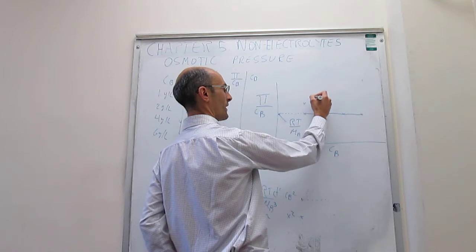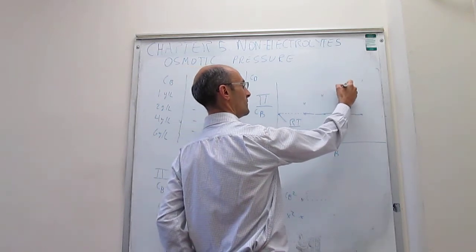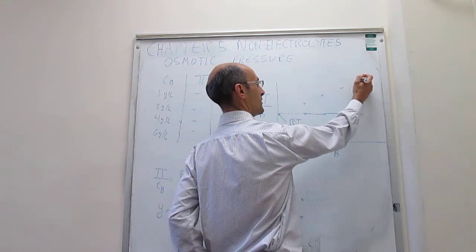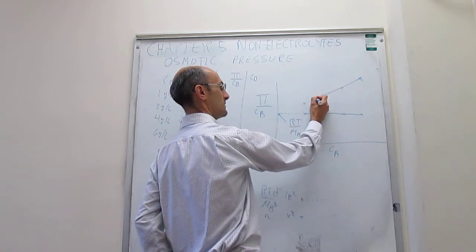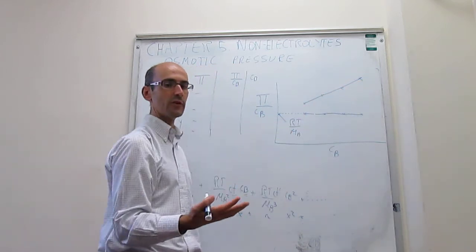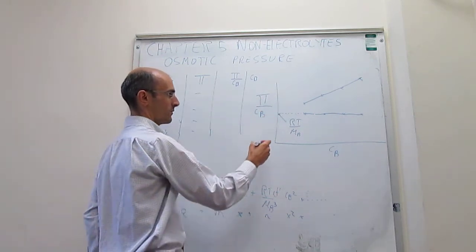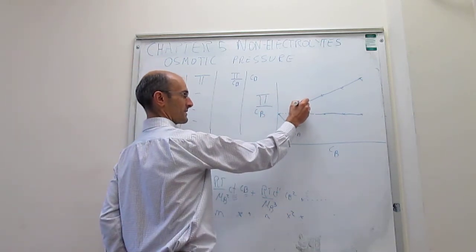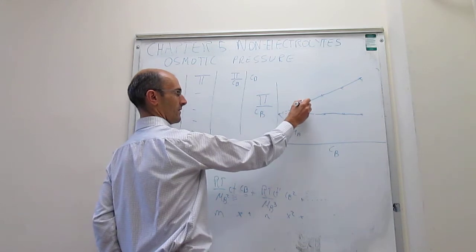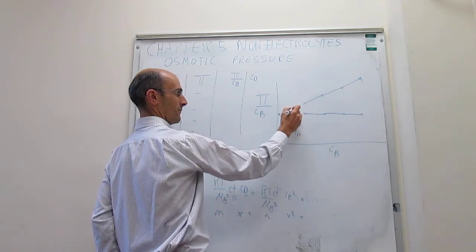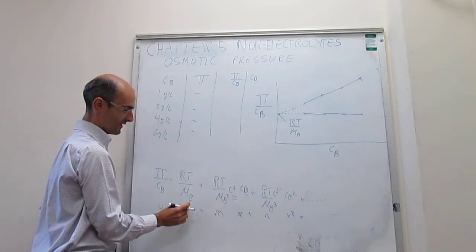You will get points like here, 2, 3, and 4. Now you can fit those points, and you're going to get 2 variables. One of them is the intercept with the y-axis, and the other one is the slope. Well, the intercept with the y-axis, which we can plot right here, notice that intercept is still going to be RT over the molar mass.